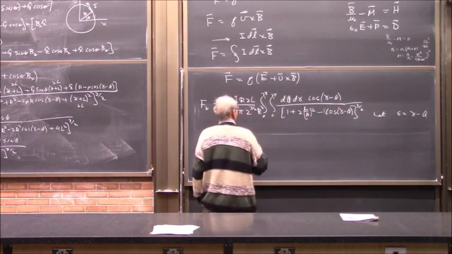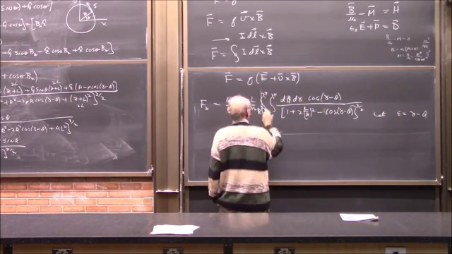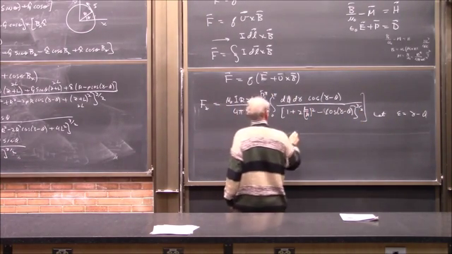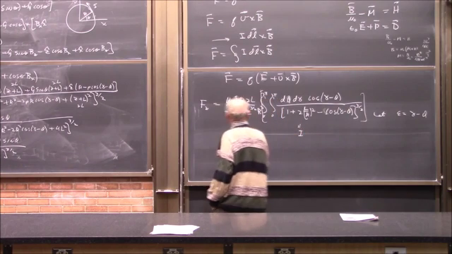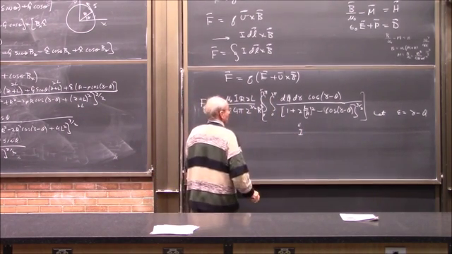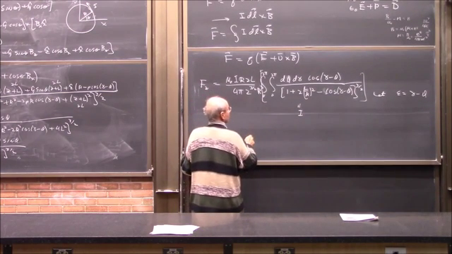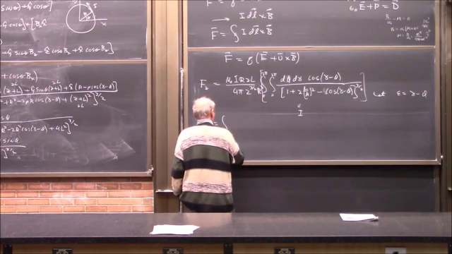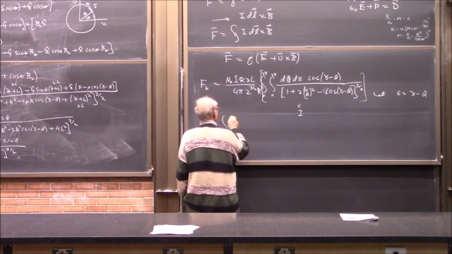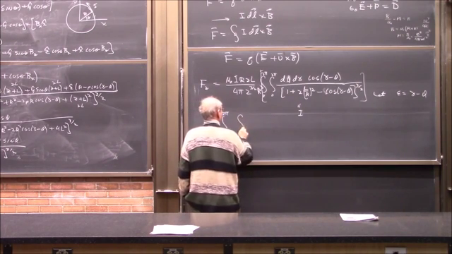And so this complicated integral here, call that thing I, will become integral, phi goes from 0 to 2 pi.